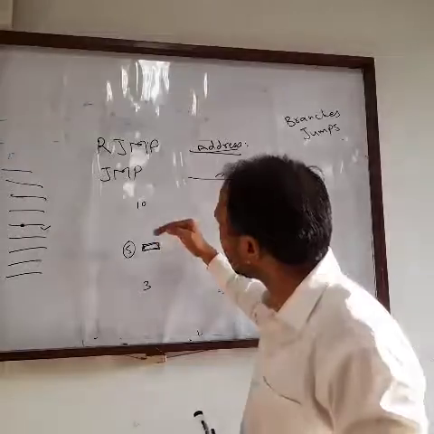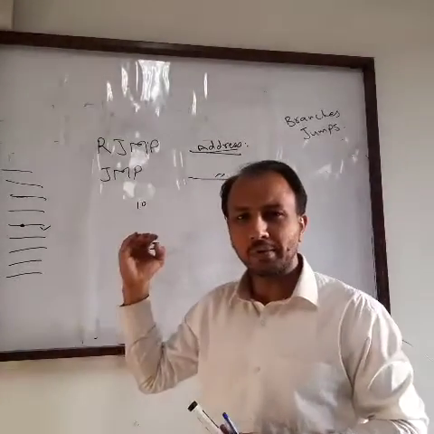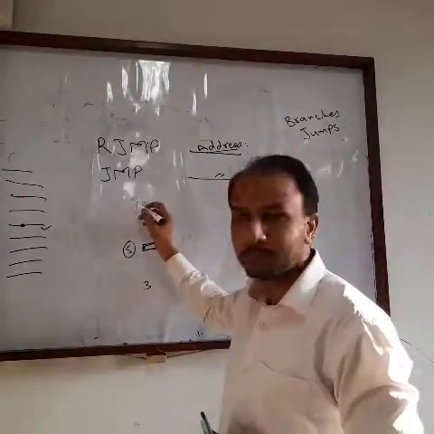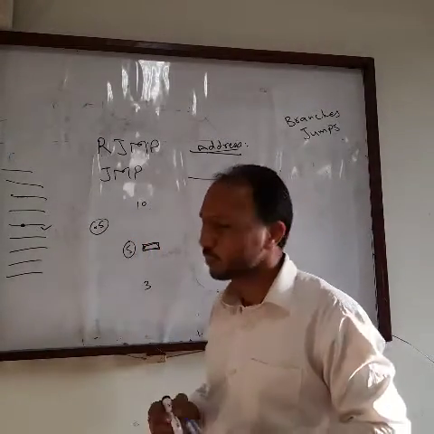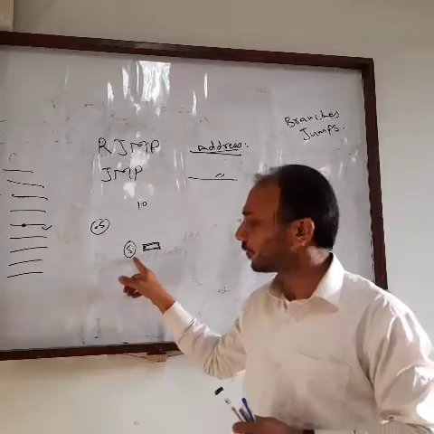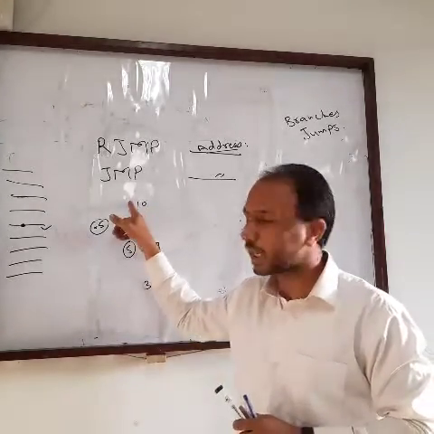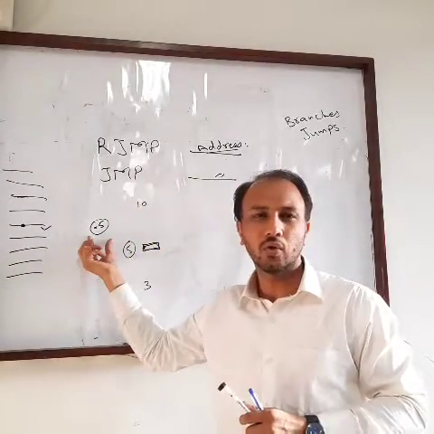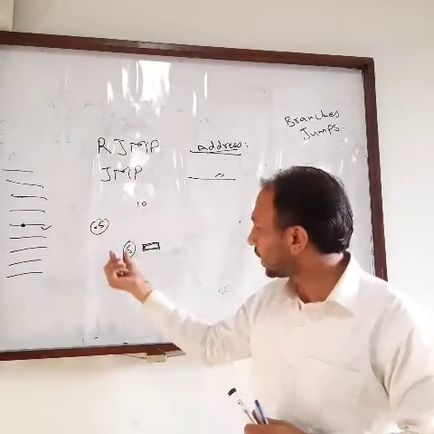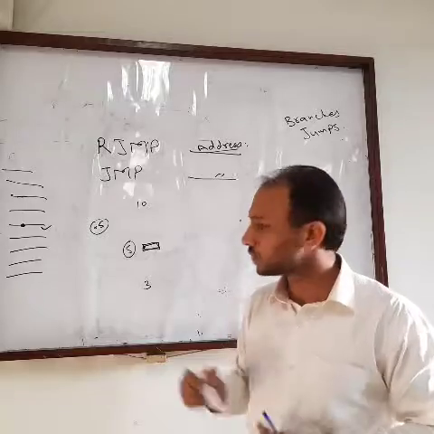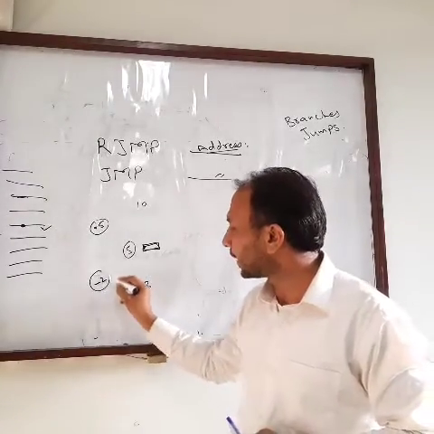You can say go 5 floors up. You are standing at the 5th floor, you want to go to the 10th floor, you will simply say go plus 5 and you will reach the 10th floor. If you want to go to the 3rd floor, you simply say go minus 2.